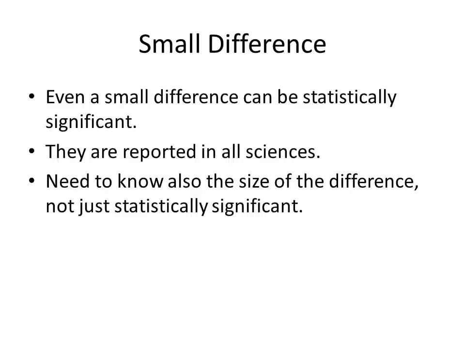Now, small differences can be statistically significant. They can be and are reported in all of the sciences, especially in the social and behavioral sciences. And for research consumers, it is not sufficient to know that the difference is statistically significant. You also have to know the size of the difference.